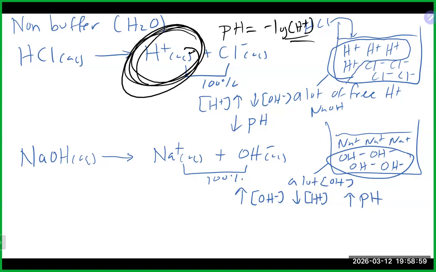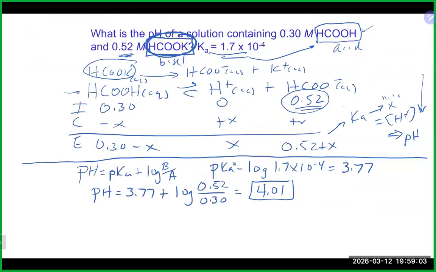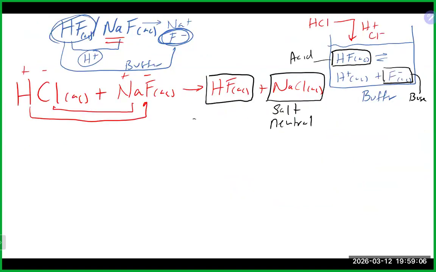So when we added the strong acid to water, we produced a lot of free H+ really quickly. But when we added it to our buffer, we have essentially no free H+ formed. And what that means is the concentration of H+ stays relatively constant.